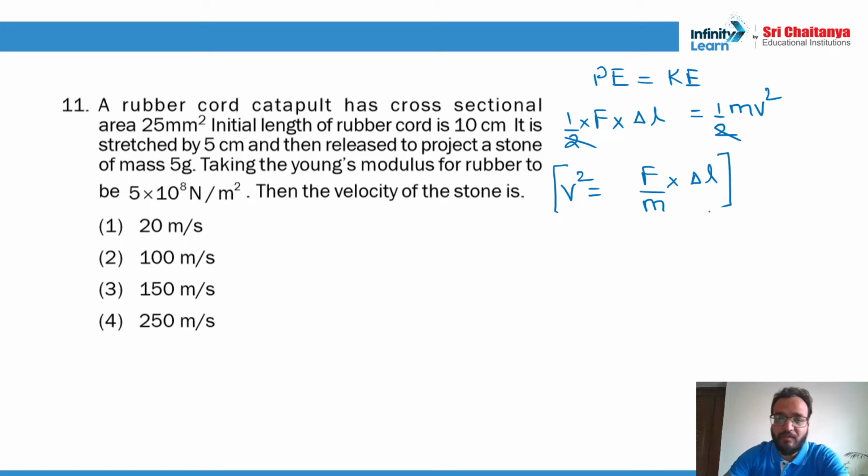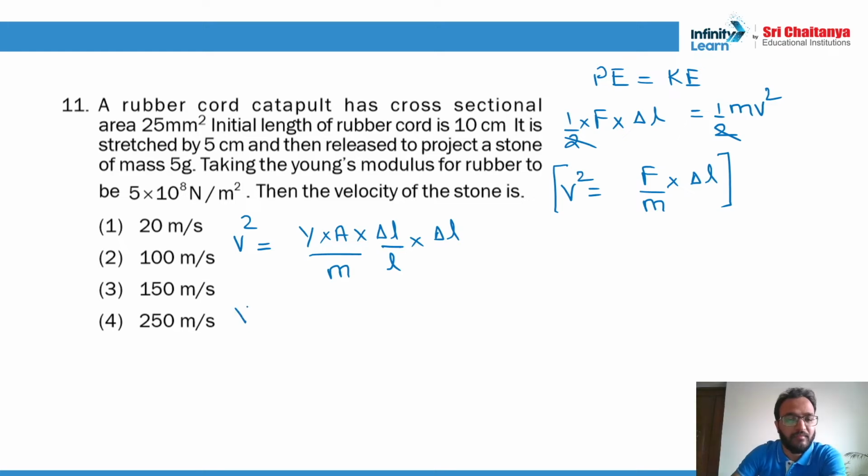Now very simple, you tell me, what is F? F is Y into area into delta L by L, upon m into delta L. See, stress into area into strain is force, into change in length upon mass. Now put the values.